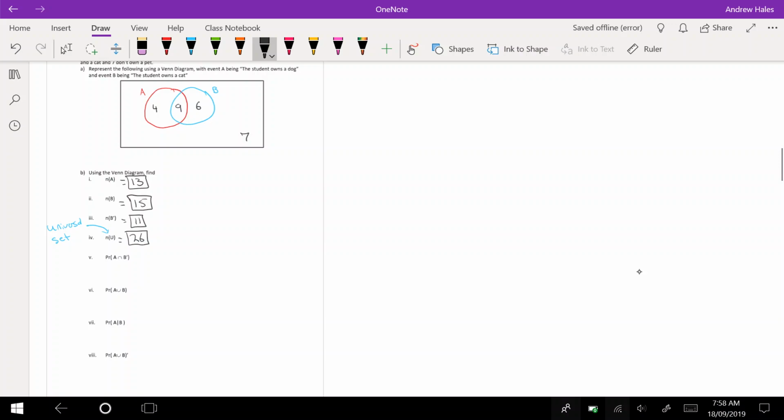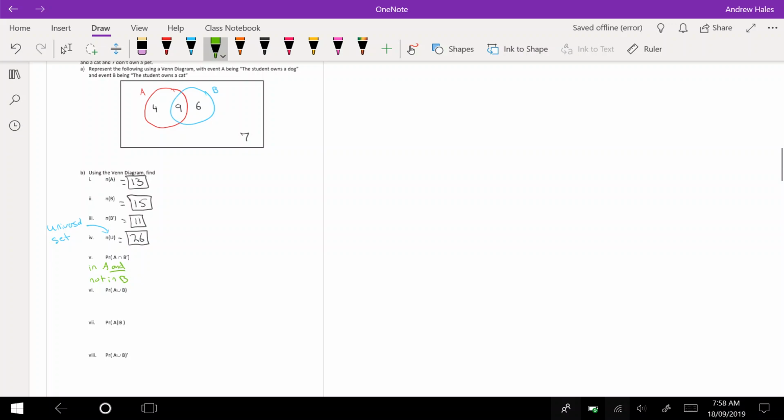Probability of A intersection B complement. What is in A and not in B? Well, if we look at our Venn diagram, what is in A? Well, that's that 4 and that 9 there. But what's not in B is just going to be the 4.